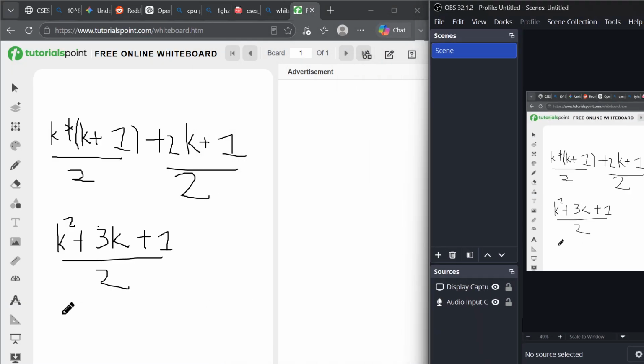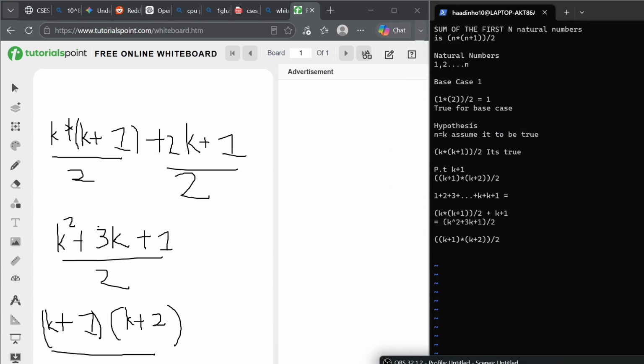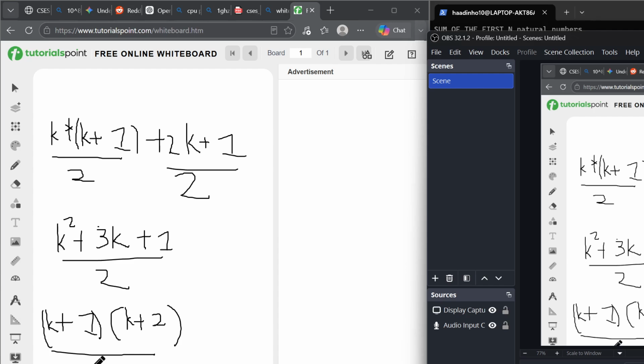That term was k plus 1 into k plus 2, all divided by 2. I'm really sorry for the handwriting, guys. I will try to get better at the whiteboard.